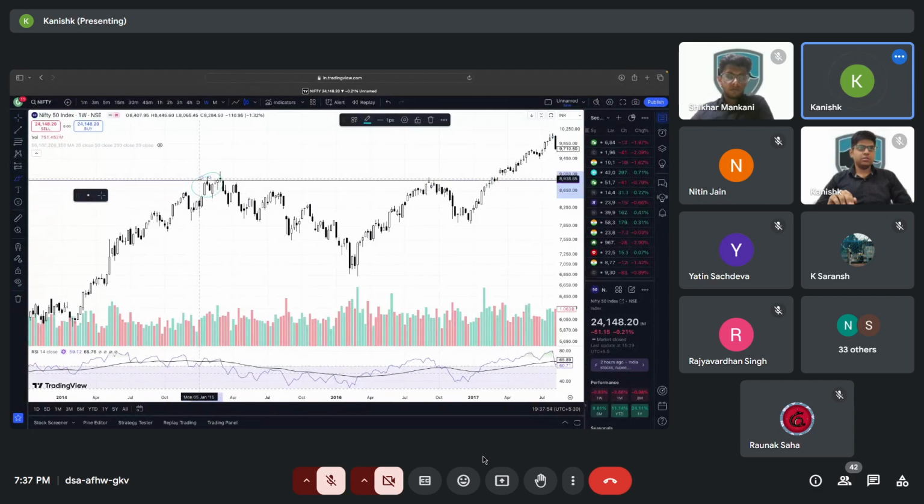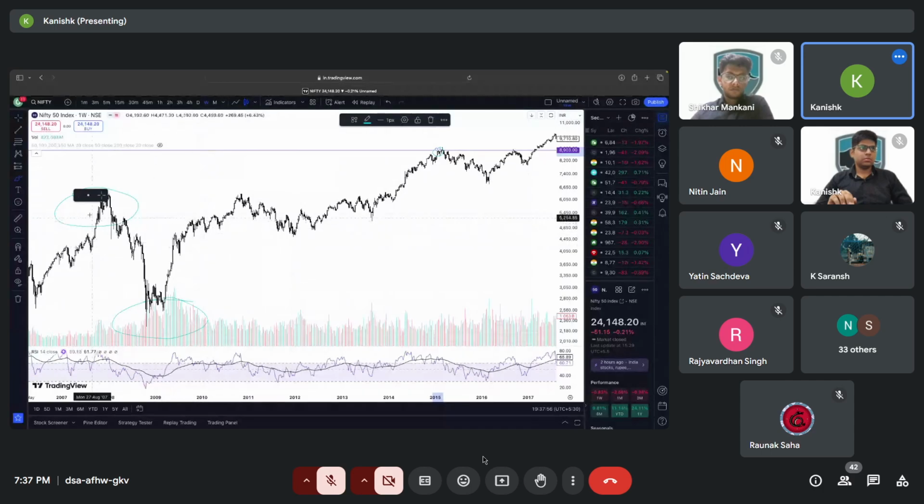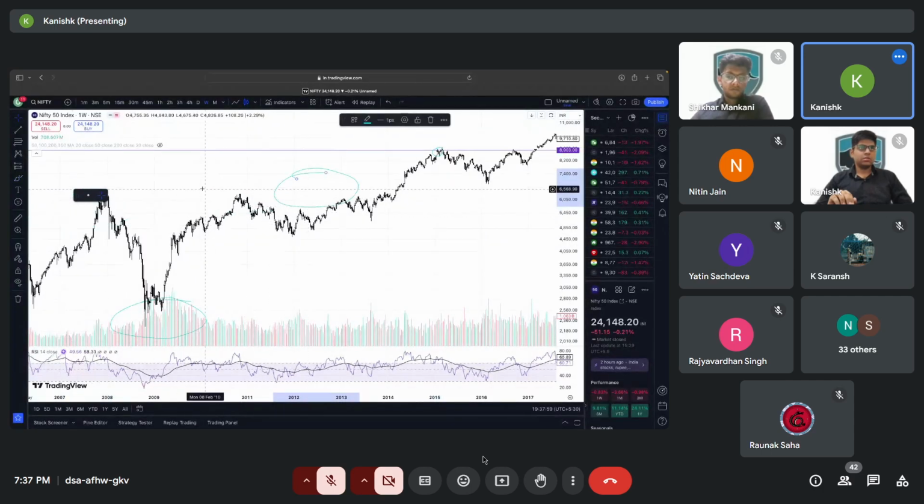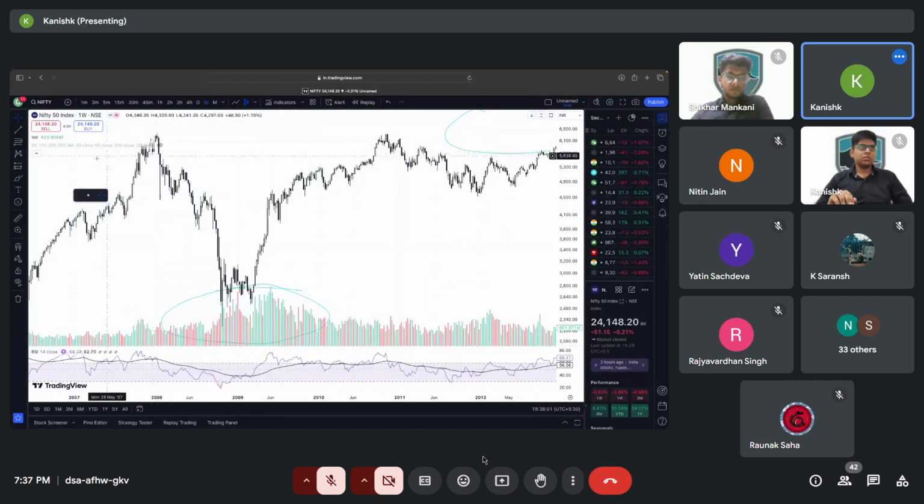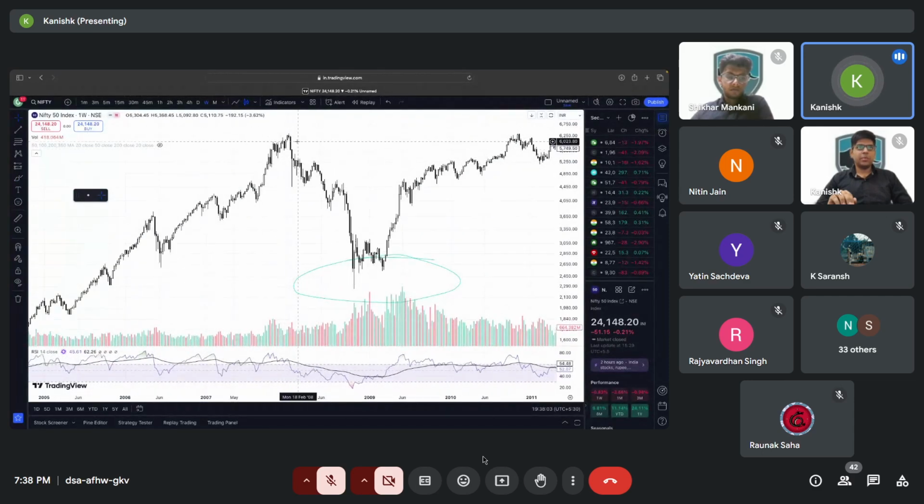This one. This is also an example of evening star pattern. Just two candles are formed before, but still it counts.